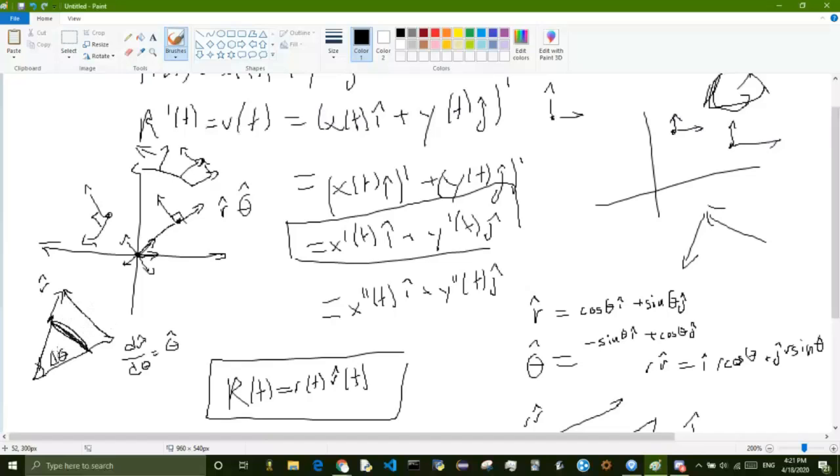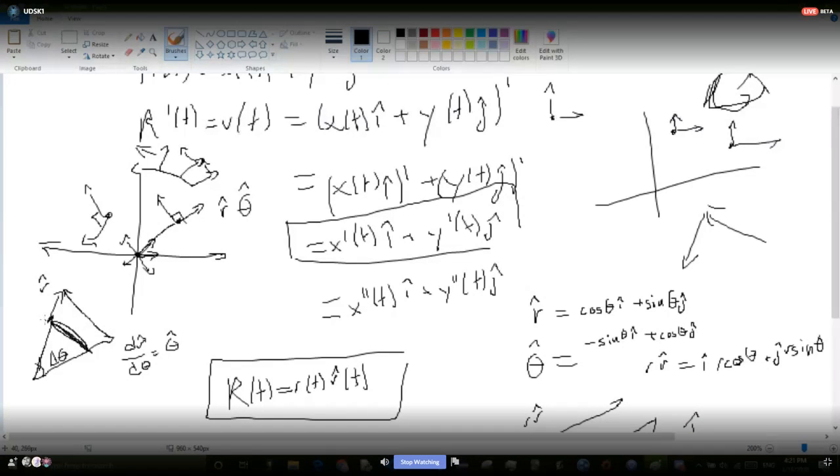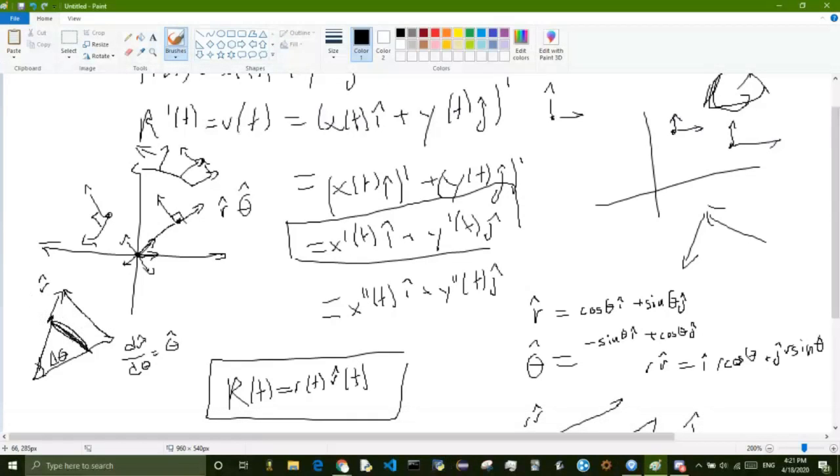But if you let delta theta go to 0, the direction is simply tangent to the circle. So it's tangent to the circle, and it points in the direction of increasing theta. You see both of those things, right?